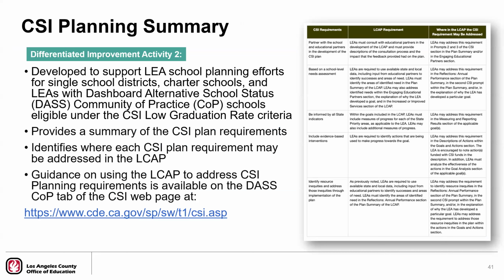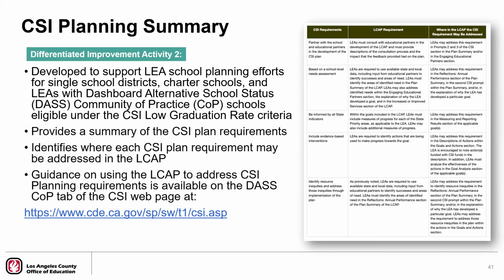To support LEAs with using the LCAP to meet the CSI planning requirements, the CDE developed this CSI planning summary. This planning summary provides examples of where the 5 CSI planning requirements may be addressed within the LCAP.